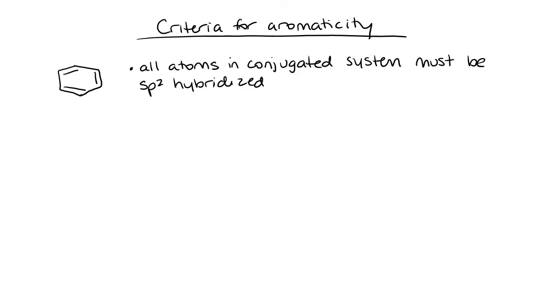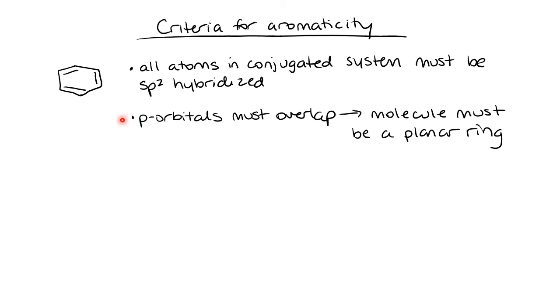So first, for a molecule to be aromatic, all atoms in the conjugated system must be sp2 hybridized. So we have our conjugated system amongst all 6 of these carbons here and these 6 pi electrons. Now each one of the carbons in this molecule is sp2 hybridized.